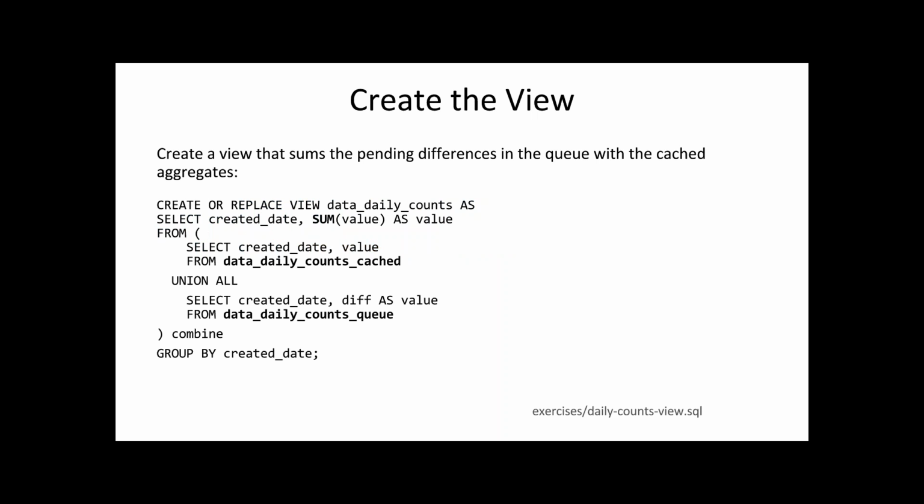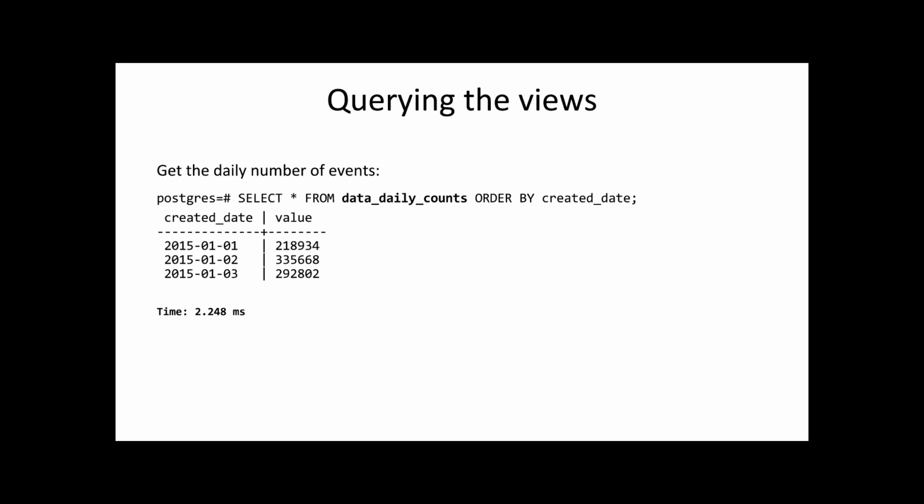And well, we've shown this query before, and the dashboard will just be querying the data daily counts view, which will in real time show the accurate number of events on that day, because the queue gets updated whenever the data table gets updated. So without doing any locking on the cache table, it will update the view in real time, essentially.